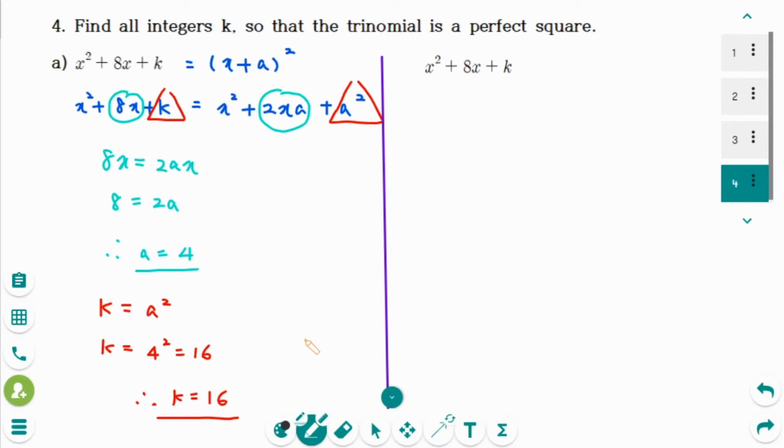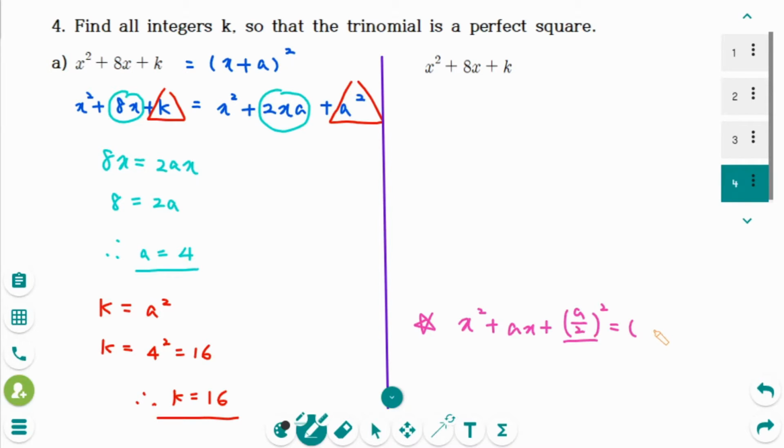There is another way to solve. When you see a perfect square trinomial with a coefficient of 1, if the trinomial is like x squared plus ax plus something, it must be a perfect square trinomial. So take the middle term divided by 2, then squared. This is the formula.